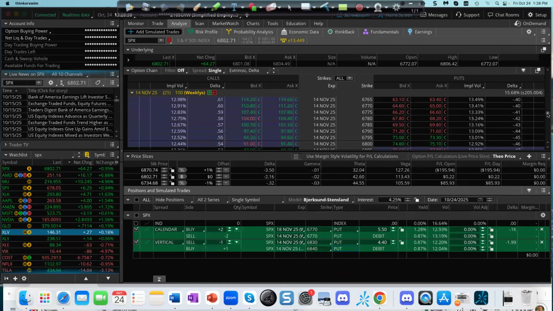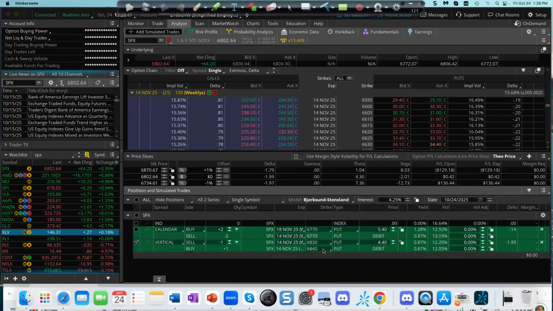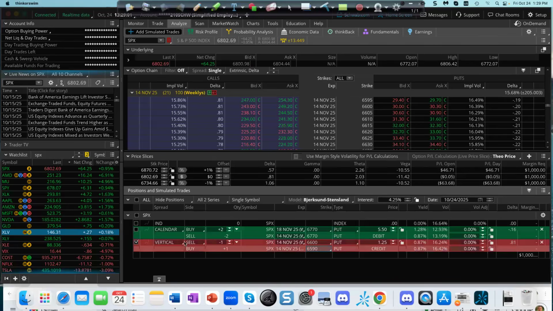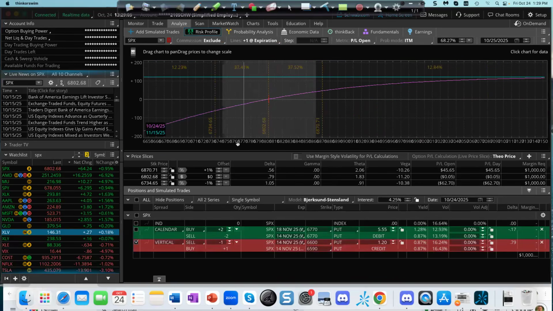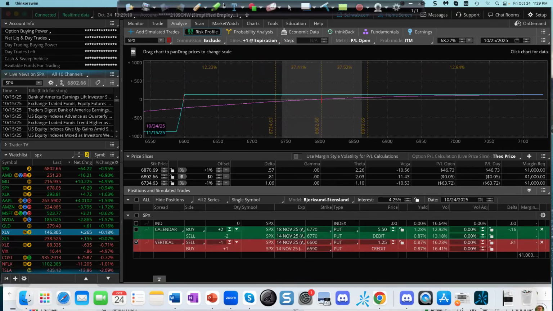So let's say I do a put credit spread, trade number two. I'm going to start out with a 20 delta put. I sell the 6,600 put and do a 10 wide, buying the 6,590 puts. I consider this a range bound trade according to the deltas.